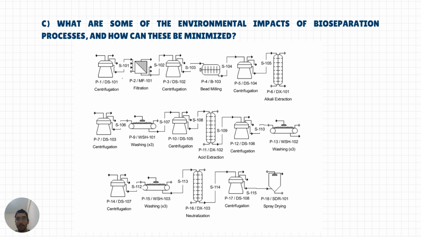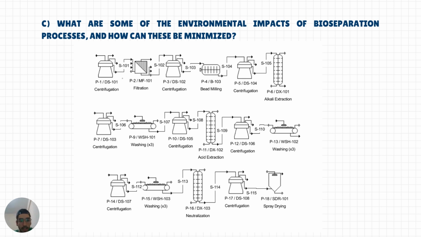Finally, bioseparation processes can negatively impact our environment in various different ways. One of these ways is the high waste of water. I mention this because in my protocol for this challenge, there were three washing steps, which were repeated three times each, meaning a total of nine different washing steps in the process.